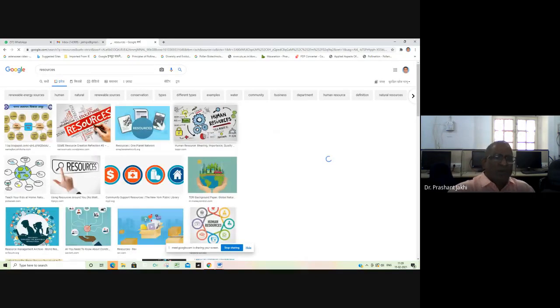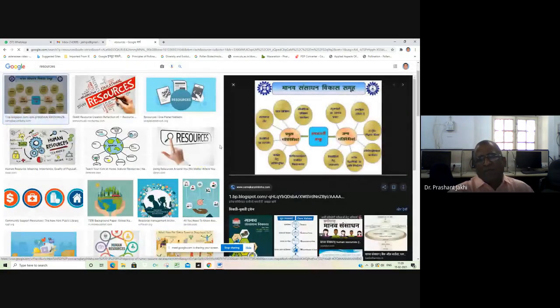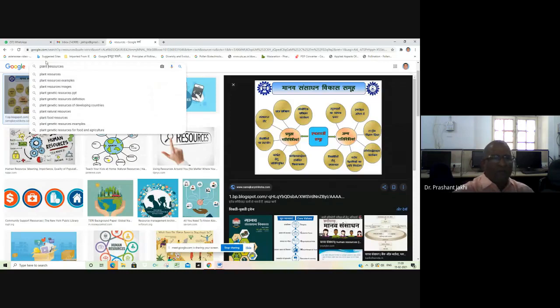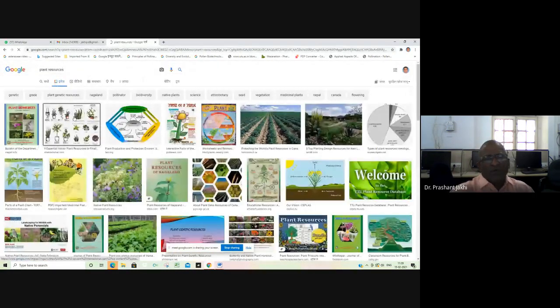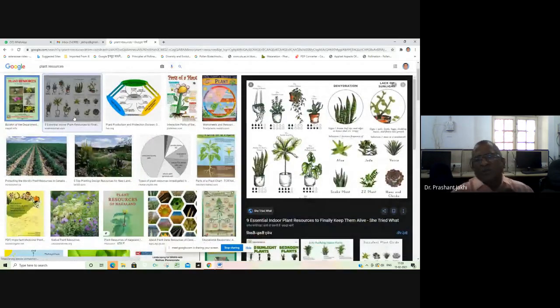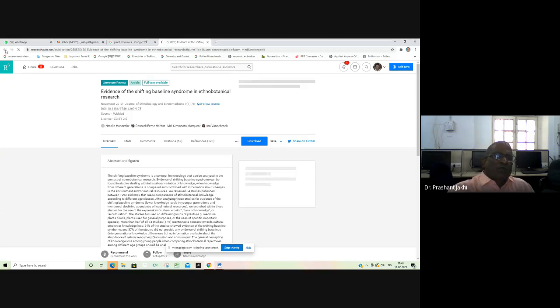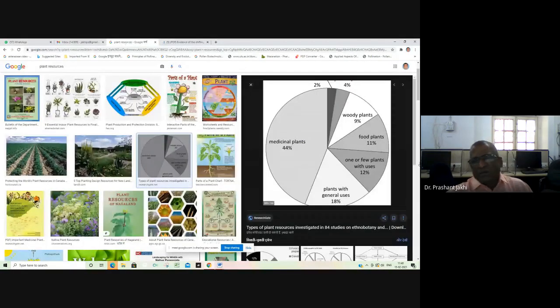For example, here in front of you a human resource development group is given. Let's see what the different things are which are called plant resources. Now we have some photographs, you can observe a variety of different types of plants in this photograph, and these are used as plant resources. Or we have another categorization or chart of plants which shows the different proportions of plants which are used.